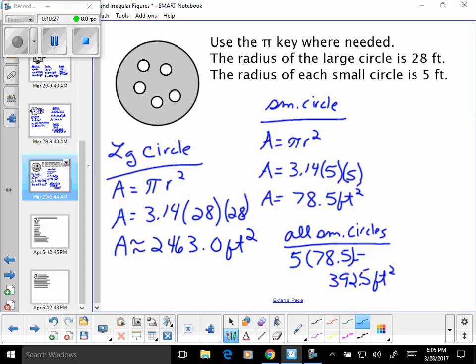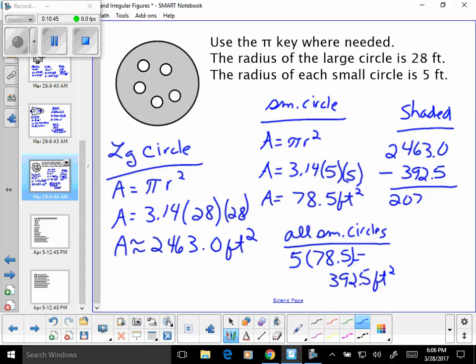And this is a shaded one, so obviously you're going to subtract. You're going to have to take all 5 circles out. So I'm going to take the 2463.0 minus this 392.5, and I'll find that my shaded area is 2070.5 feet squared. And that completes lesson 8.8b.